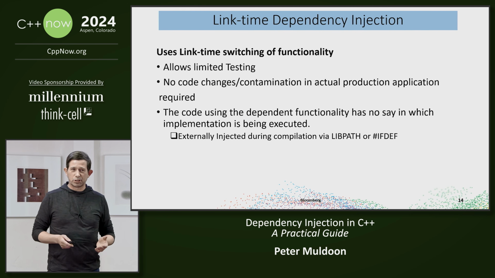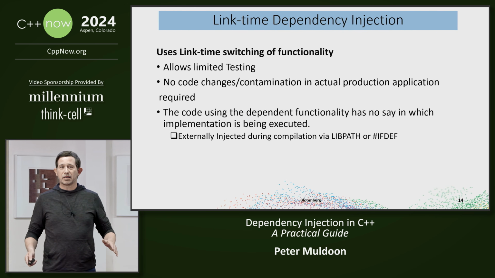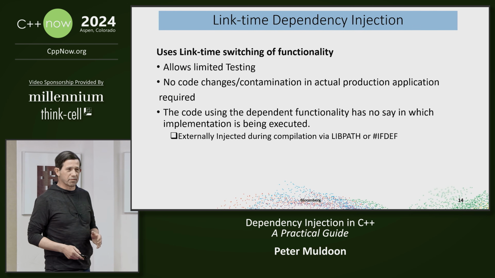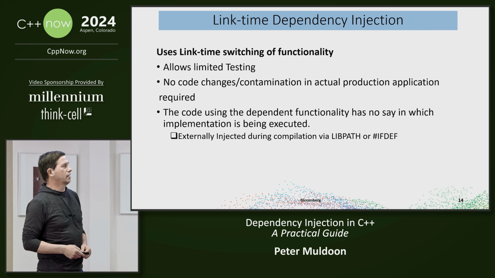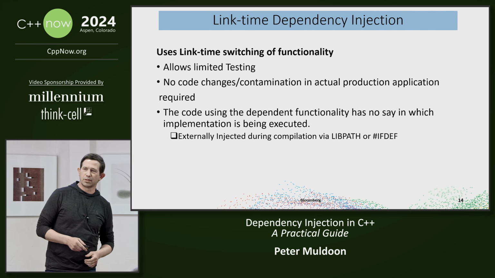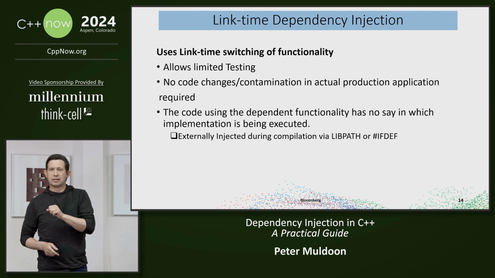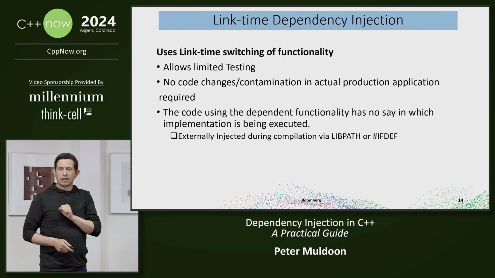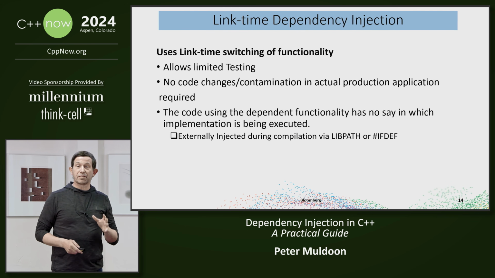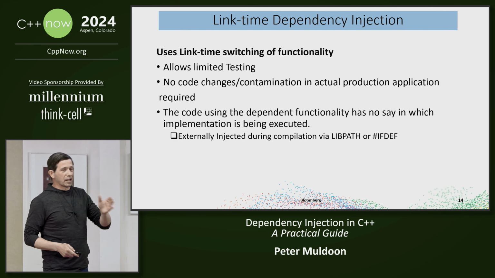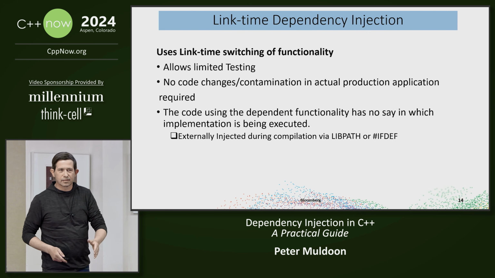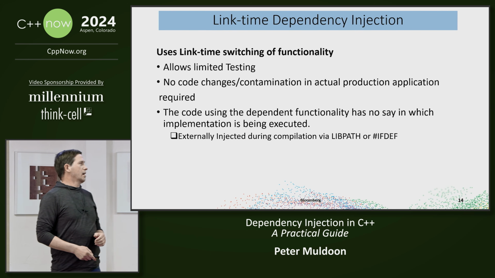Your actual code just sits there, no contamination of the testing whatsoever, because you're reaching in externally and putting different functionality in, either by pulling in a different .o, a different lib path, or an ifdef: if testing, then do this, else do the production thing.